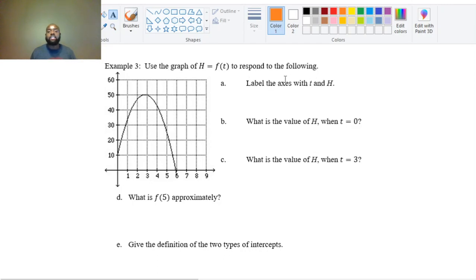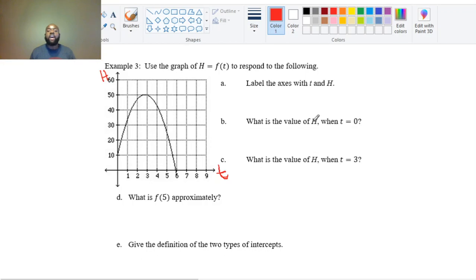Label the axes with t and h. All right, well, when we graph, our input variable always goes on our horizontal axis, and our output variable always goes on our vertical axis. And so since our input variable is t, I'm going to label my horizontal axis, like your x-axis, t, and my output variable is h, and so there's my label for my vertical axis.